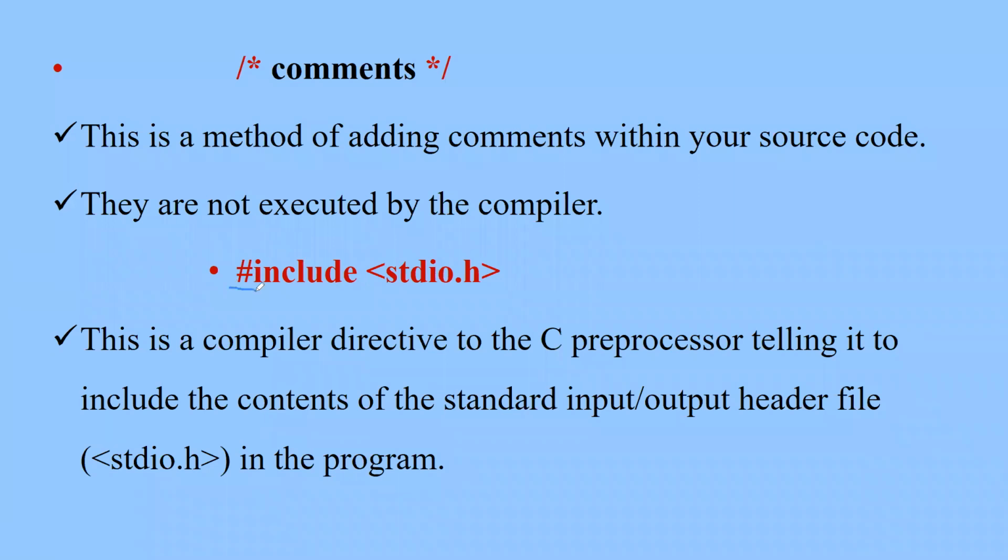You must have that sign, you must make use of this sign. And therefore, this is a compiler directive. It tells the processor or the compiler where to pick certain functions from that you are going to use for input or for output functions within your program.